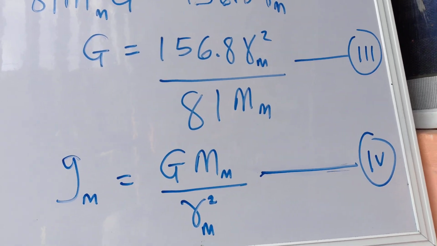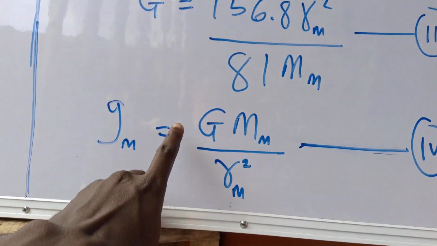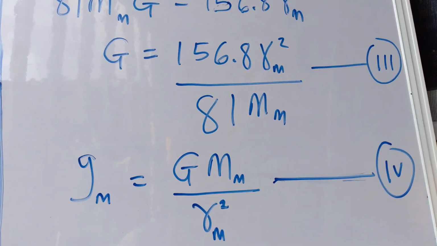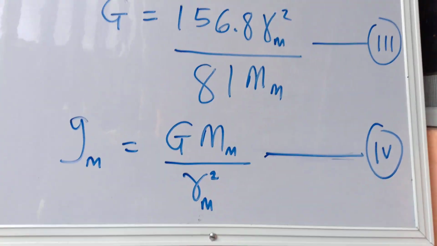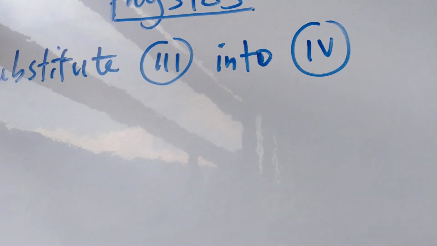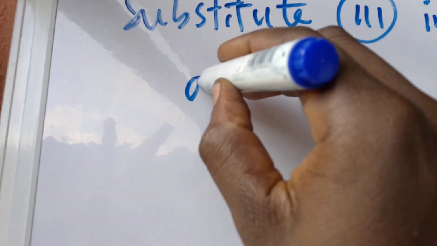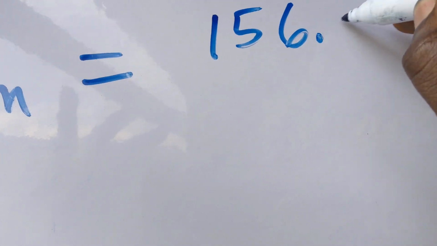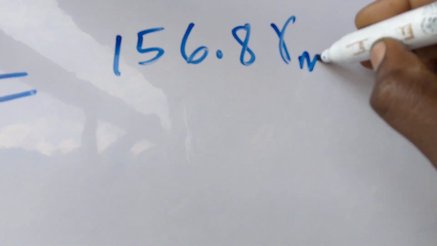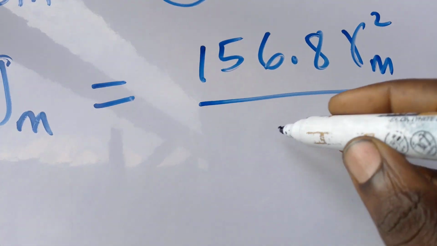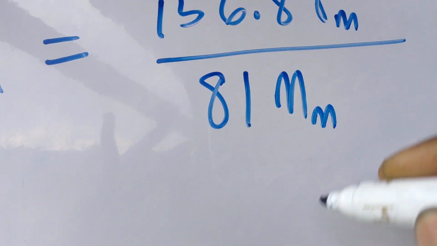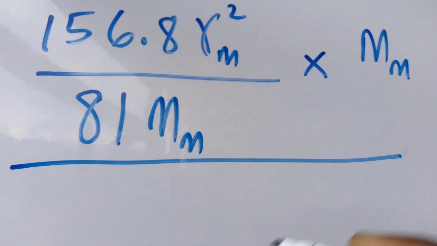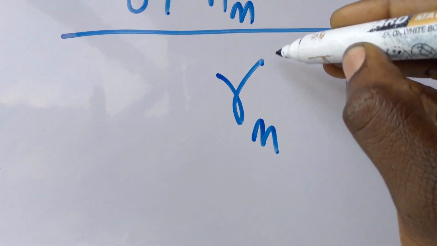If I substitute equation 3 into equation 4, in place of this capital G, I will write 156.8 rm square over 81 mm. So I substitute equation 3 into equation 4, and I'll be having gm equals 156.8 rm square over 81 mm multiplied by mm divided by rm all square.